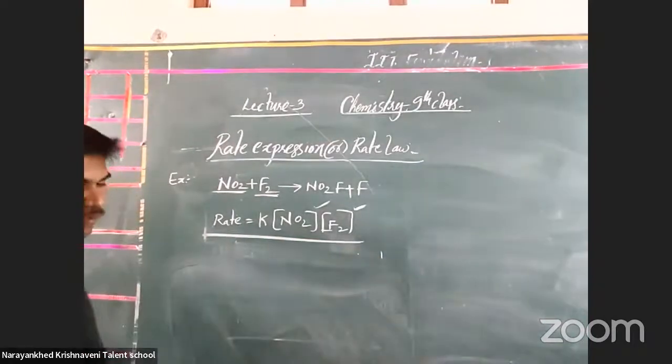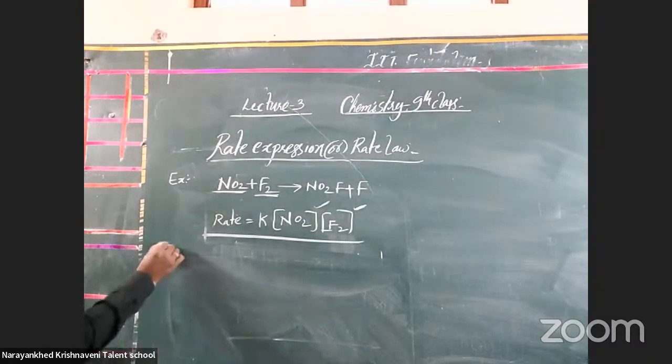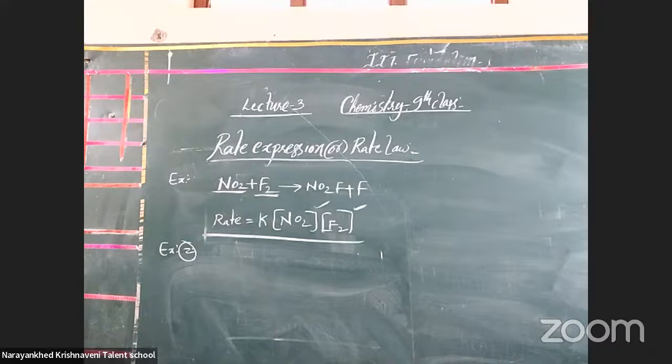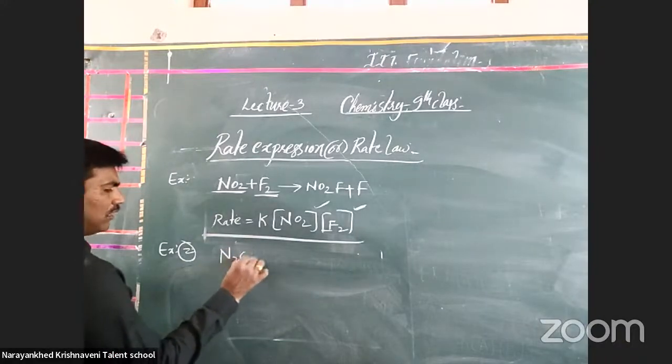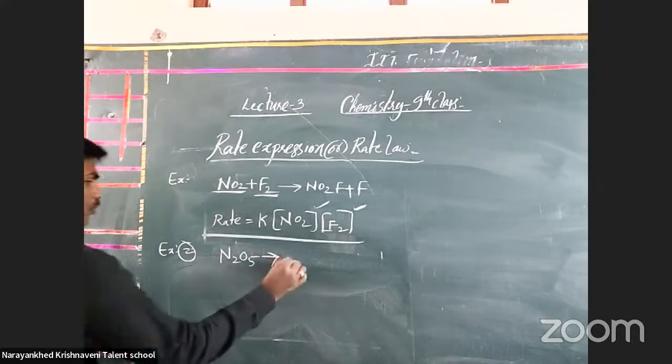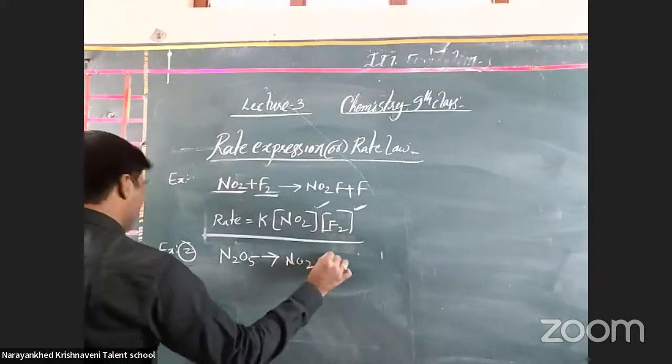This is example number one. And next, example number two. What is given in example number two? Write the rate law for the following reactions. The reaction given is N2O5 gives rise to NO2 plus NO3.